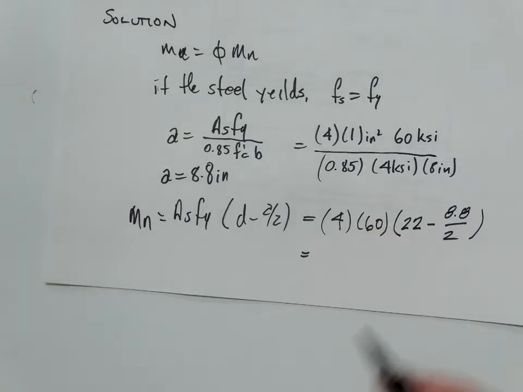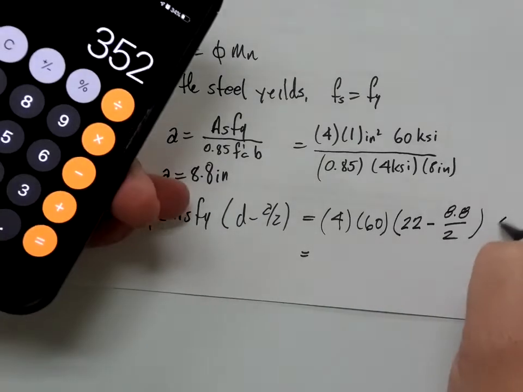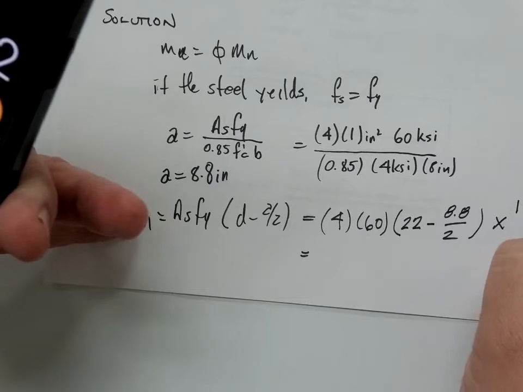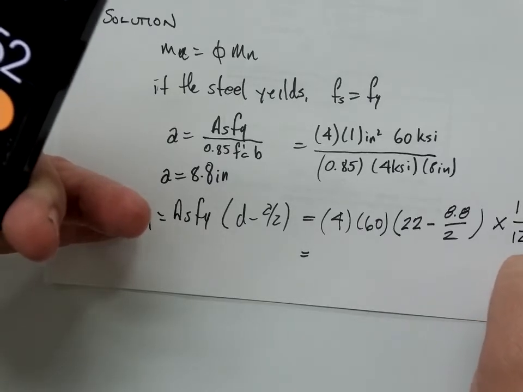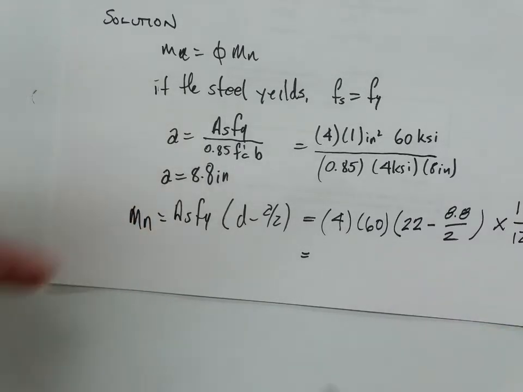What's our moment capacity? And I want it to be in kip feet. Anybody have a number? 352 kip feet.